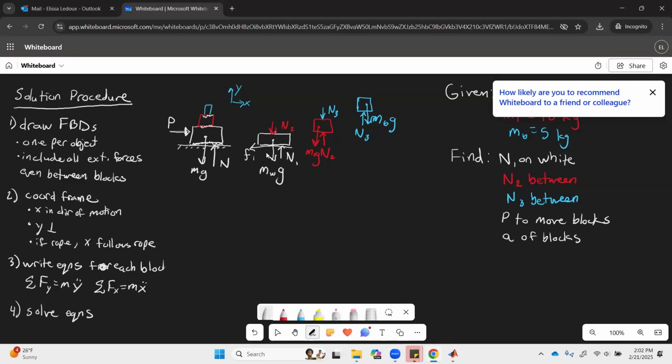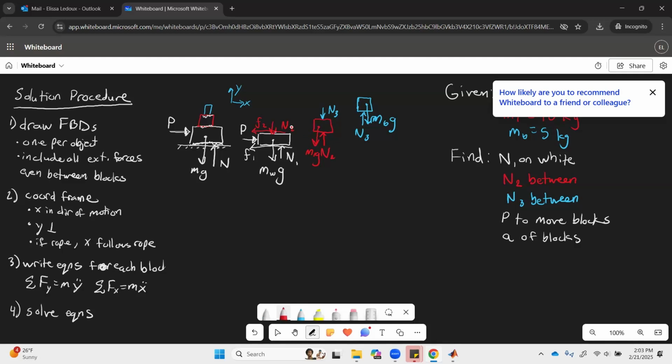And as P is trying to make this white block move, that also means that the friction from the red block on the white block is going to be pushing to the left as well, because these have to oppose that force P. So we'll say here F2. And then here we'll have P.